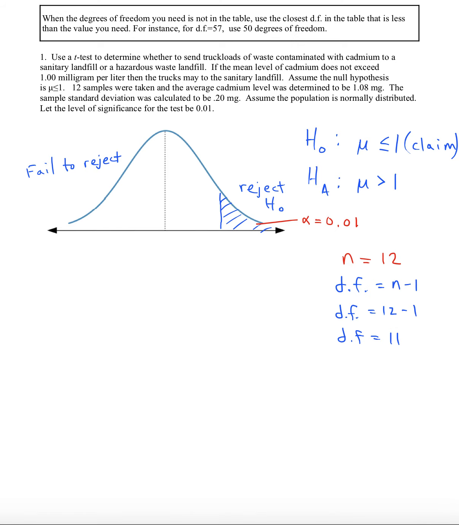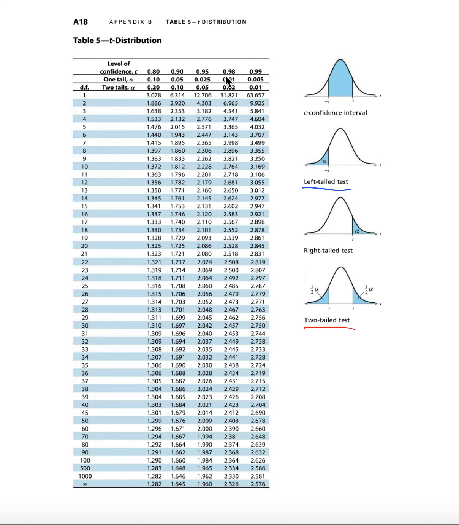Now we have everything we need to look up in the table an alpha of 0.01 for a one-tailed test and a degree of freedom of 11. That will give us the t critical cutoff value. So for a one-tailed test, alpha of 0.01, degrees of freedom 11, we have a t critical of 2.718.